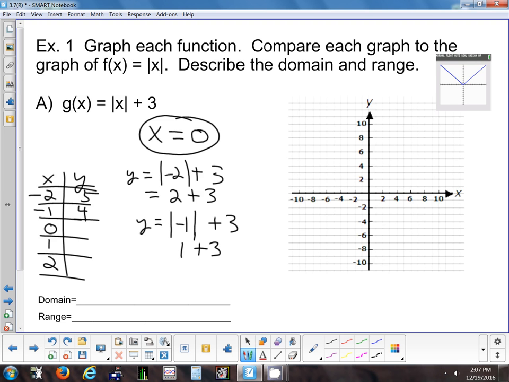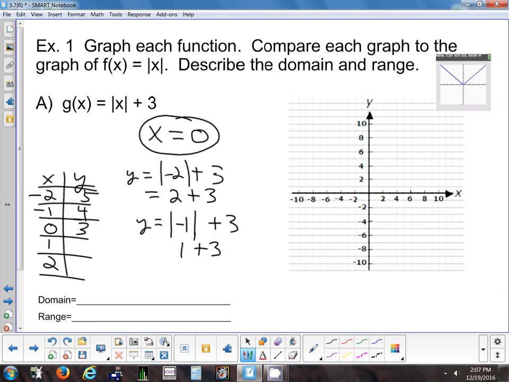Anyone want me to write out one more? No? Okay. Now plug in 0. What's the absolute value of 0? 0. What's 0 plus 3? 3. Great. Now plug in 1. Absolute value of 1? 1.